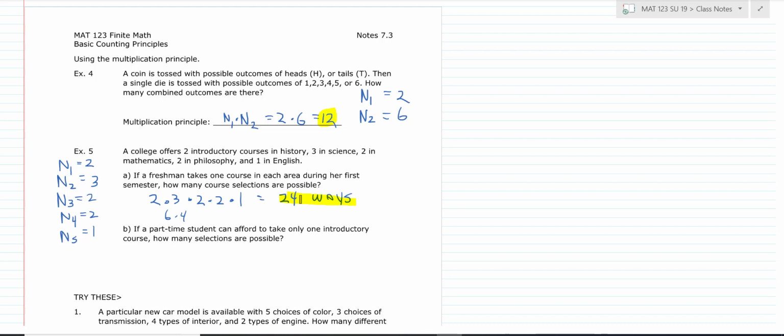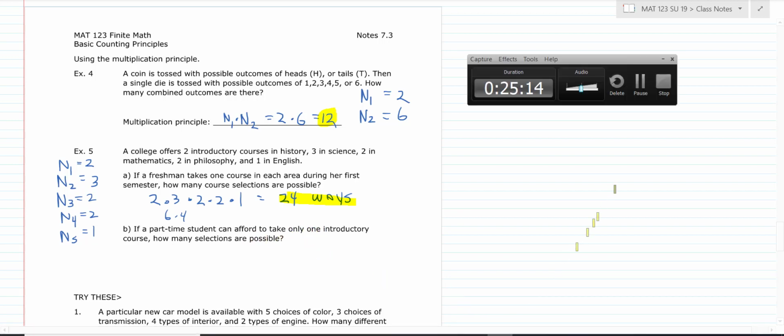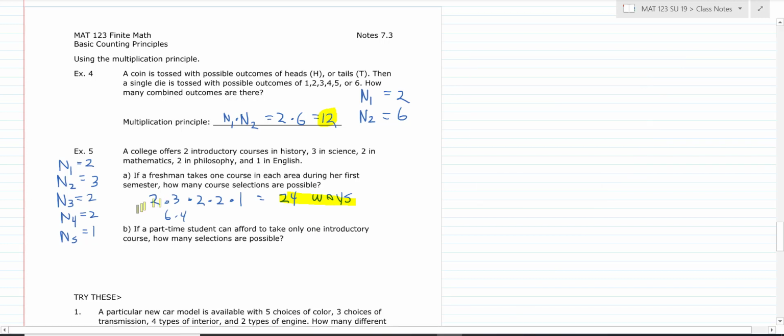Okay, then it says if a part-time student can only afford to take 1 introductory course, how many selections are possible? So it's different. The part-time student can only take 1 course, so you have to figure out how many total courses there are.